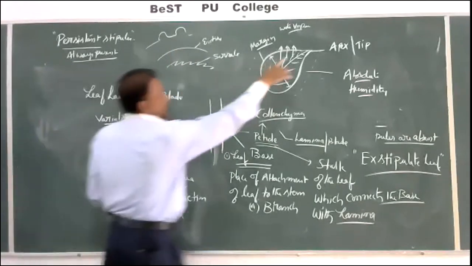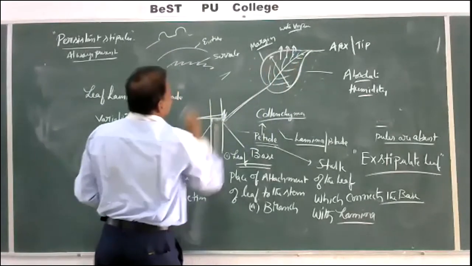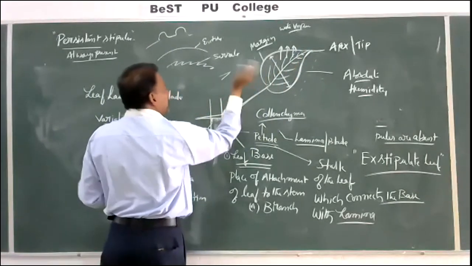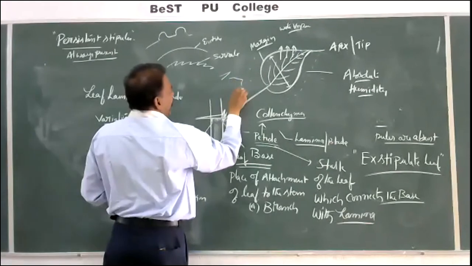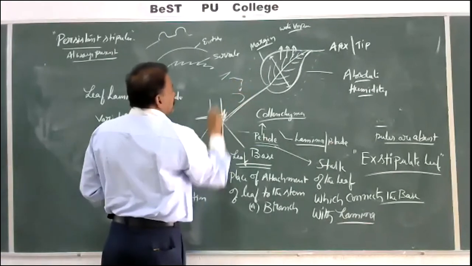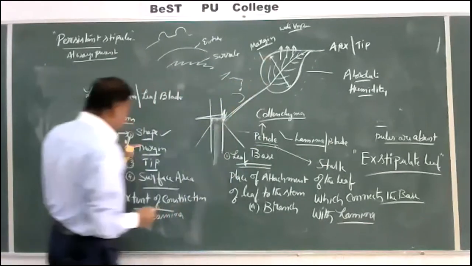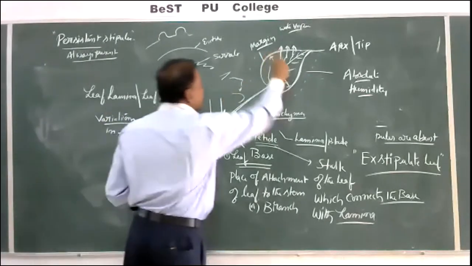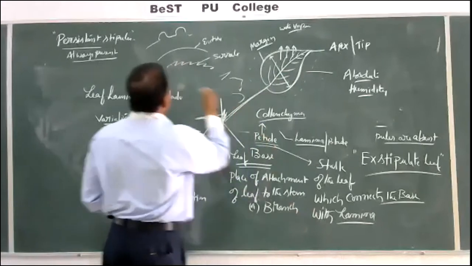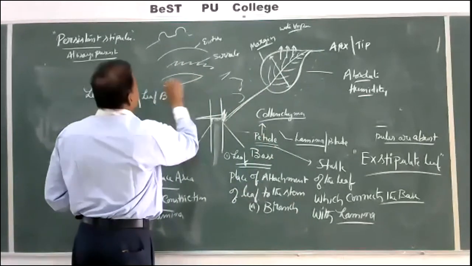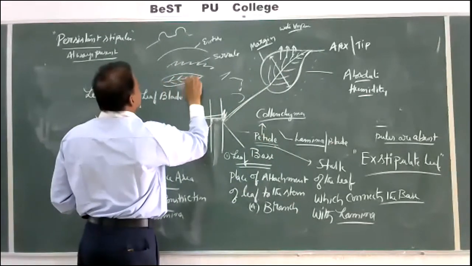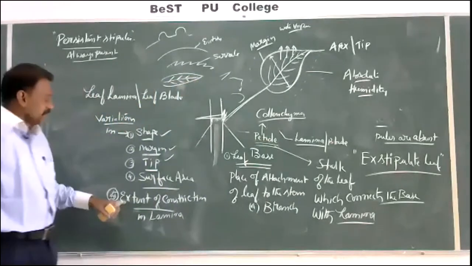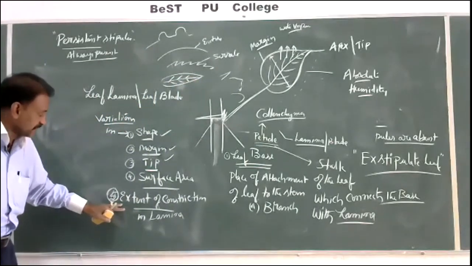The tip may be like this, acute, or various others, oblong, obtuse. So tips and margins are variable. Surface area may be like this, or it may be less, as in dried leaves. We will see this.